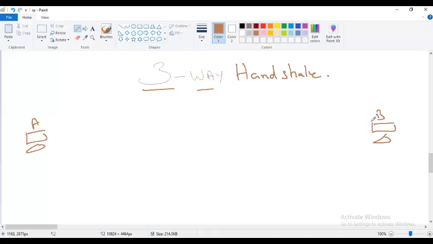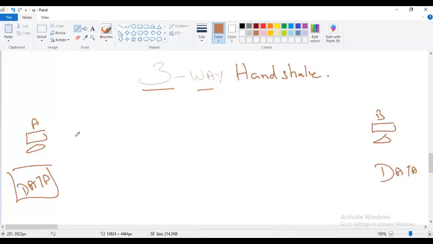Say, for example, A wants to send data, a big data. B also wants to send data. Now A first approaches B. This is the first handshake.